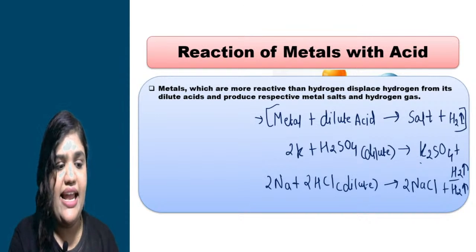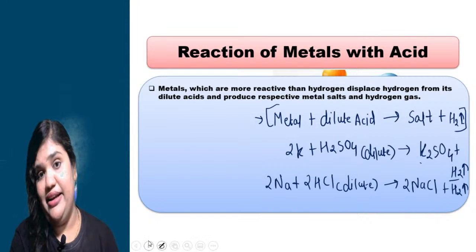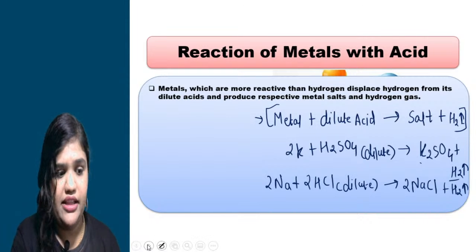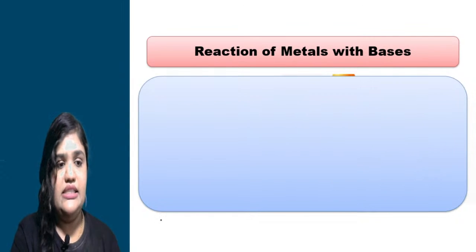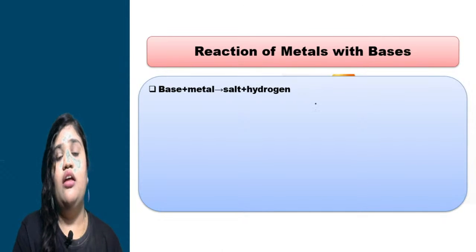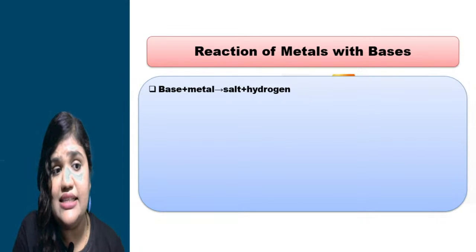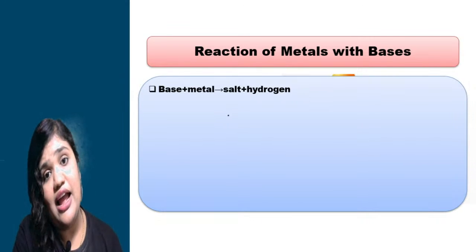Moving on to the next point, which is also very important. Can metal react with base? Yes, definitely they can react with base. Let's see. We have discussed that when metal reacts with acid, there is a formation of salt and hydrogen.